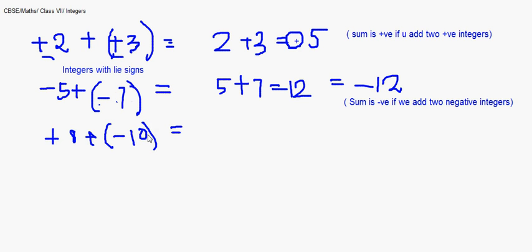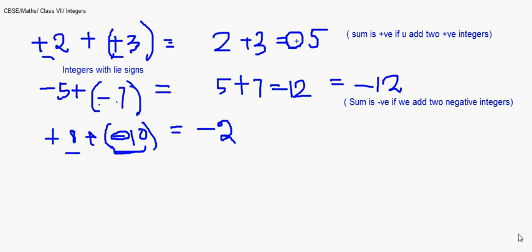So first you find the difference between the absolute values of the two given numbers. That becomes 2, because it is 10 minus 8. And place the sign of the integer which has the larger absolute value. The larger absolute value is of minus 10. So 10 carries a negative, which carries the greater absolute value, so the answer will also carry the negative sign.